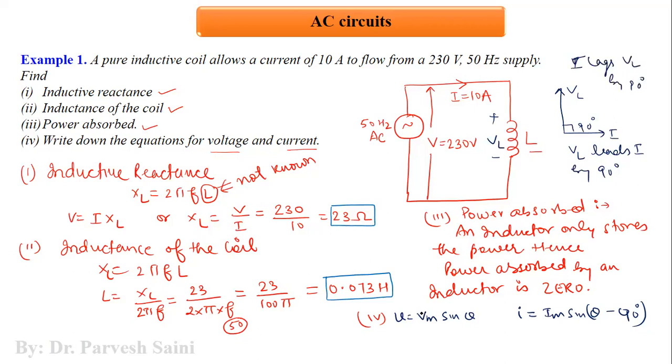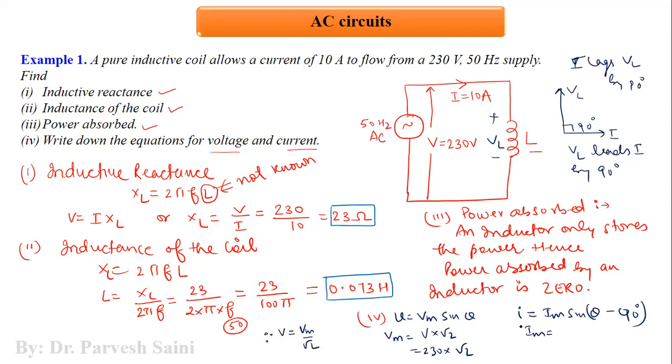So we need to know the value of Vm. Vm is equal to V into root 2, so it is 230 into root 2. We know that V RMS is equal to Vm by root 2 for a sine wave.